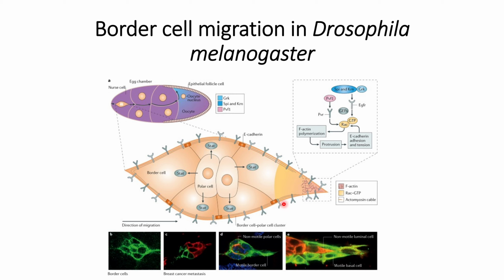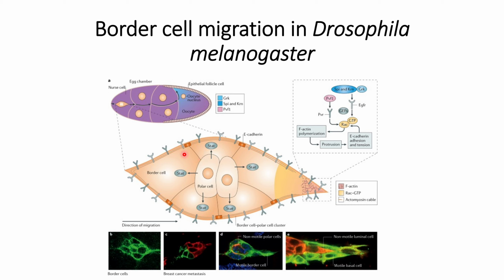Along with these cytokines, they also release E-cadherin. And since at this moment there is no ECM observed around these nurse cells, these clusters will not face any resistance from the ECM while moving from left to right in this figure.